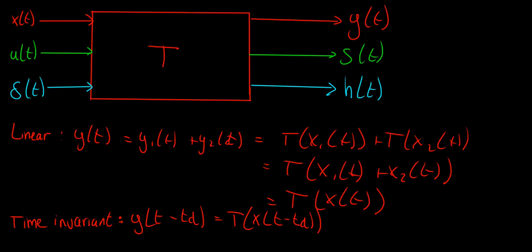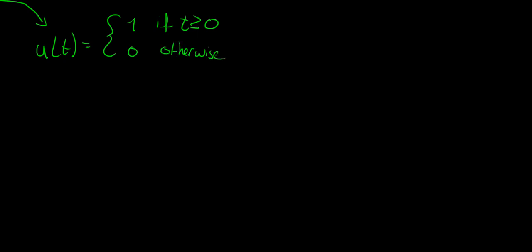Well, now that is out of the way, let's talk about the step function. Our step function u(t) is a simple function defined by the following. It is 1 if t is bigger or equal to 0, and is 0 otherwise. How does that look? Well, it looks like this.